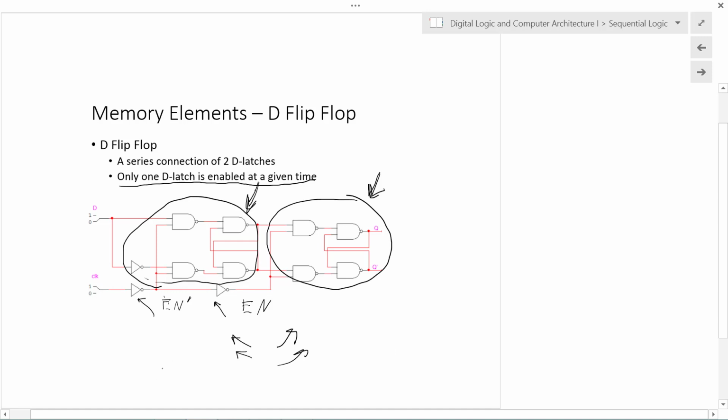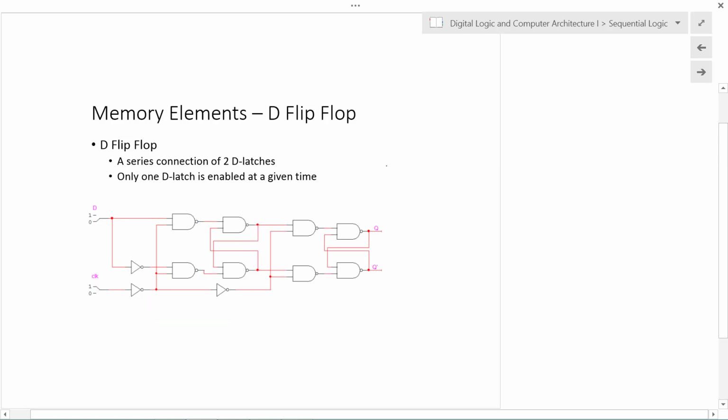Now notice, as a shortcut, this circuit is slightly optimized because this inverter is not here. The value, or the inverted value, comes from this NAND gate instead of from an extra inverter.